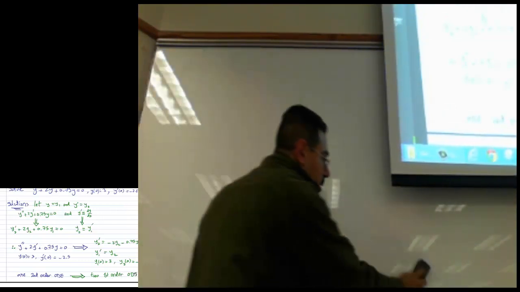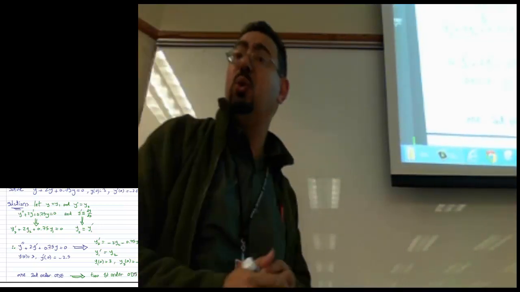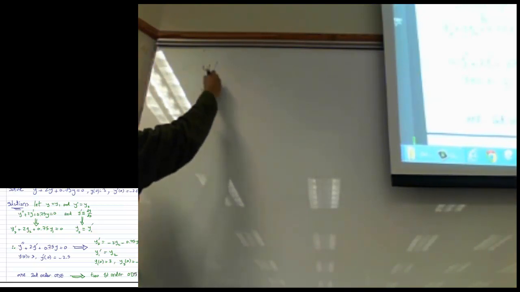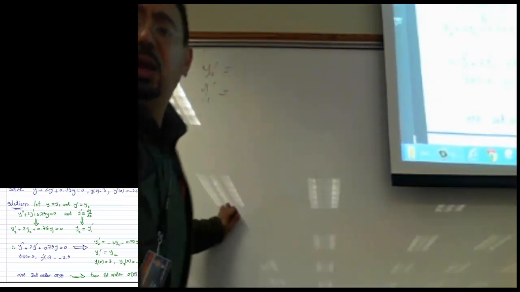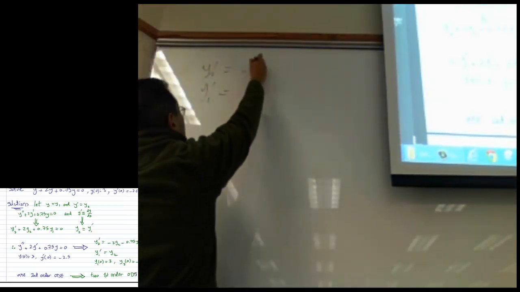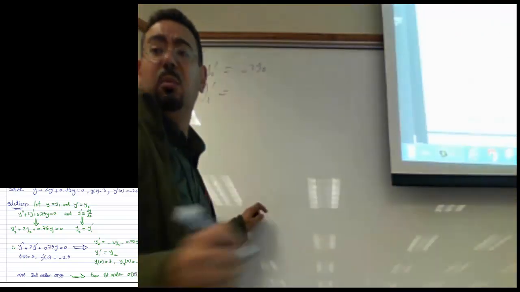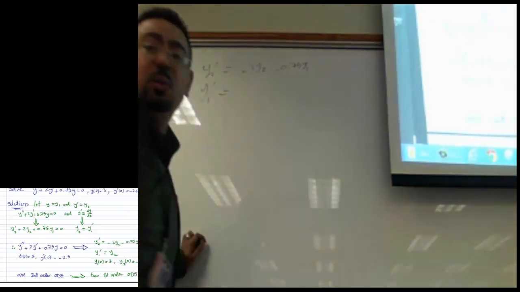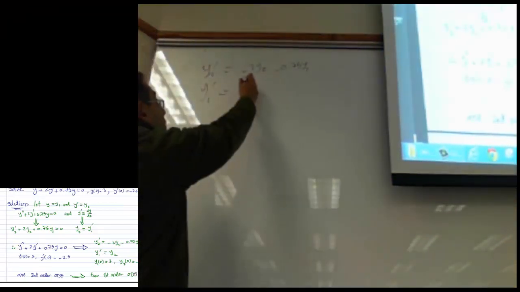Okay, so let's solve these two with Euler. Here's y2 prime and here's y1 prime. So y2 prime is minus 2 y2 minus 0.75 y1, and the other one, y1 prime, is just y2.